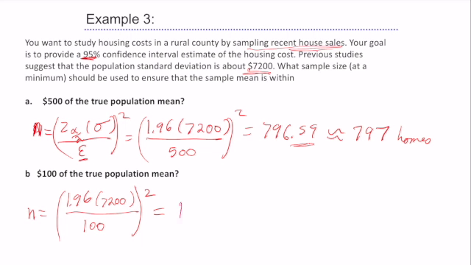I actually get 19,914.85. So we're going to have to round up. So in order to get an error that's within 100 of the true population mean, we would need to survey 19,915 homes. That's a lot of homes.